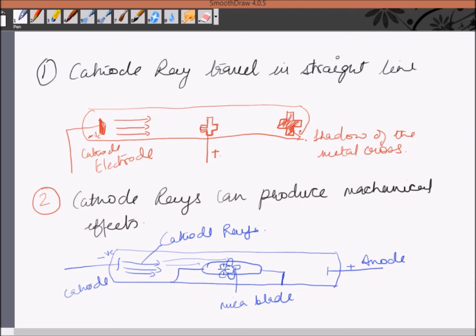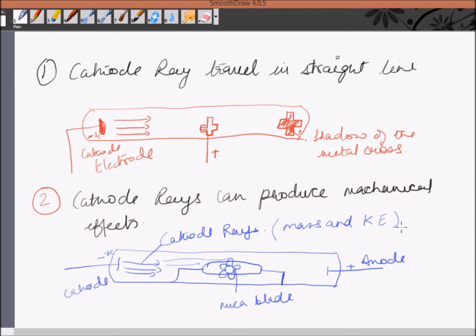Thus, the paddle wheel can be rotated only if the cathode ray consists of material particles having mass and kinetic energy. For example, if we want to push a stone, we have to apply force, or energy, to push the stone forward.